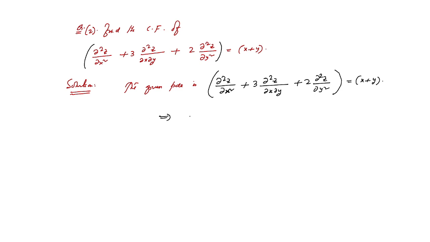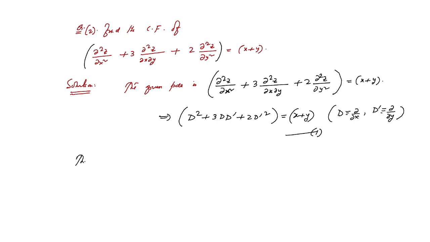Now we can write D square plus 3DD dash plus 2D dash square z equals x plus y, where D is basically del x and D dash is del y.